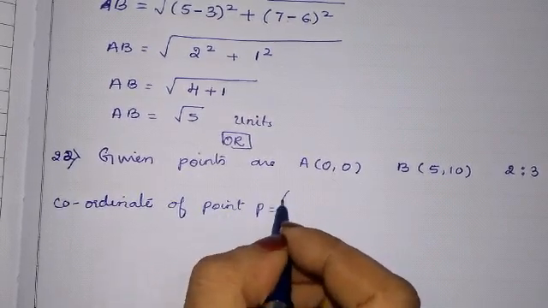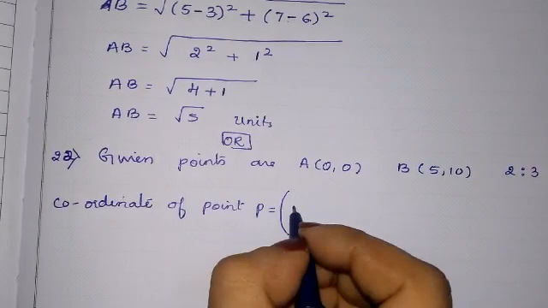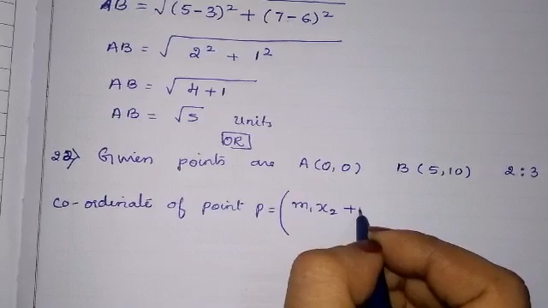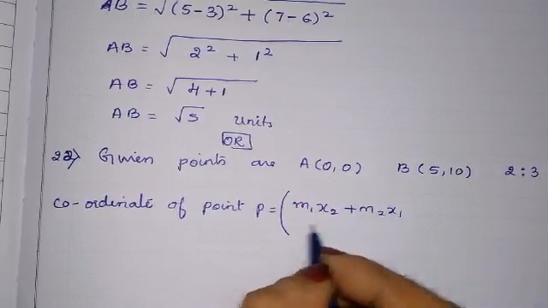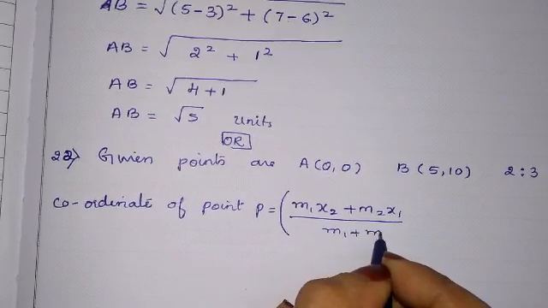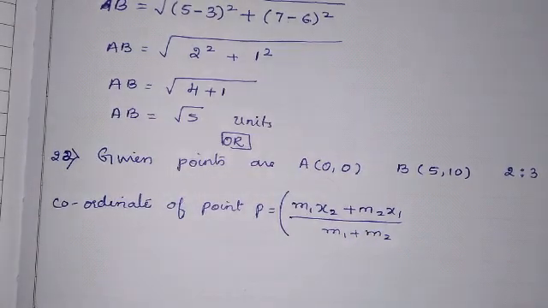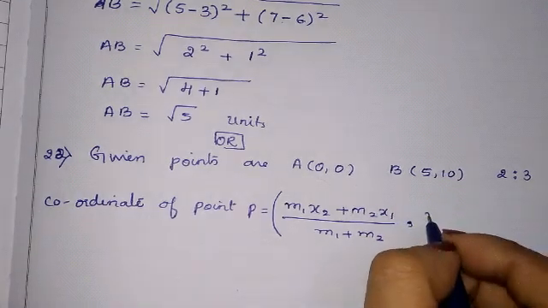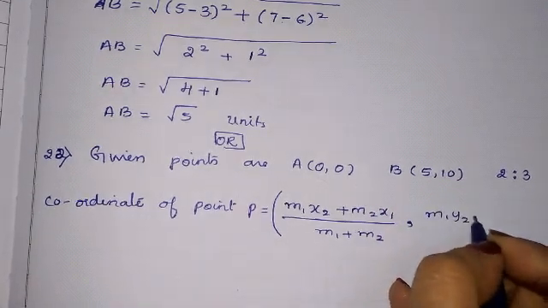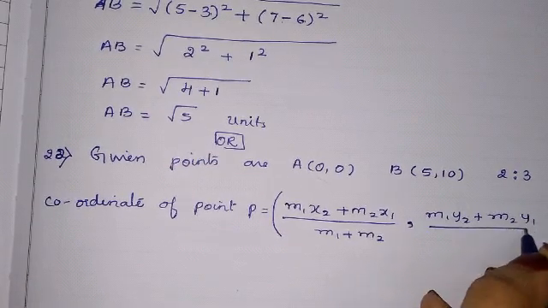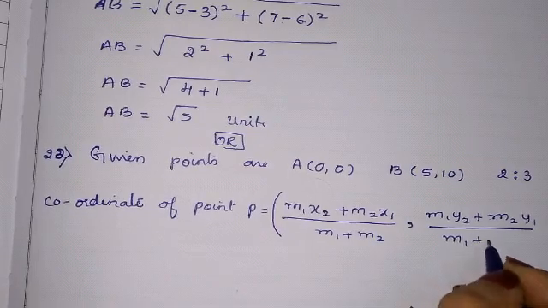We know the coordinates of point P is equal to, we know the section formula, (m1 x2 plus m2 x1) upon (m1 plus m2), and (m1 y2 plus m2 y1) upon (m1 plus m2). We need to learn the formula by heart, otherwise you will not be able to solve this problem.